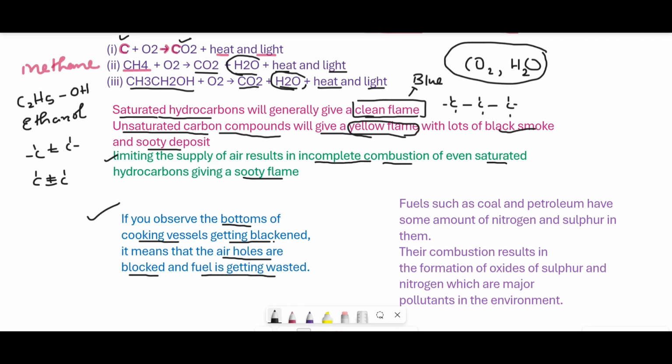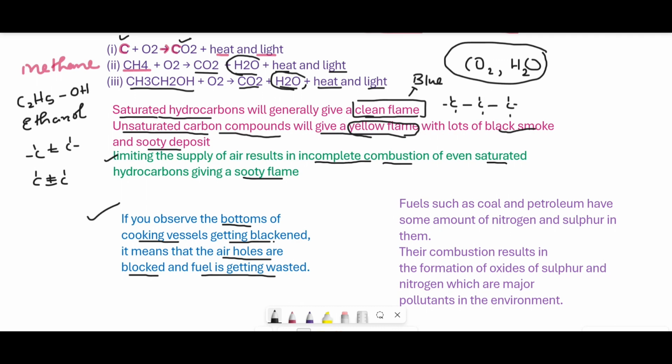So when you are working in the kitchen, or if you are helping your mother, you can check while cooking whether the bottom of the cooking vessels is getting blackened or not. What is the reason? This is because the air holes of that burner are getting blocked due to dirt.